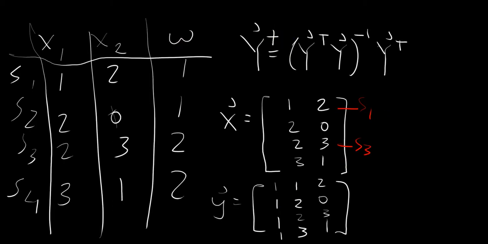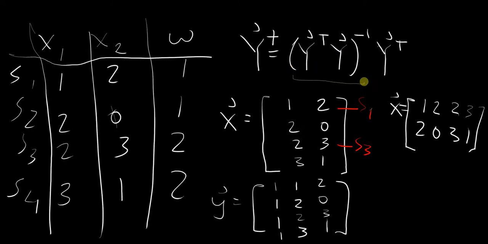But if you define it so that every column is a sample like this, then this formula will not work as it is written. You would have to change the order of what's being multiplied here to get the equivalent of the part that's inversed.